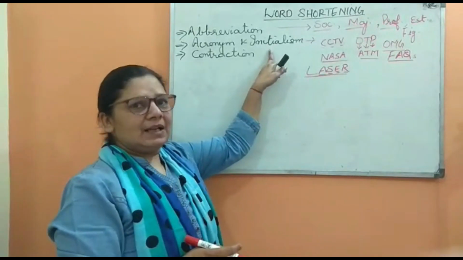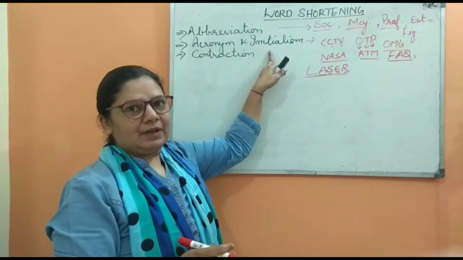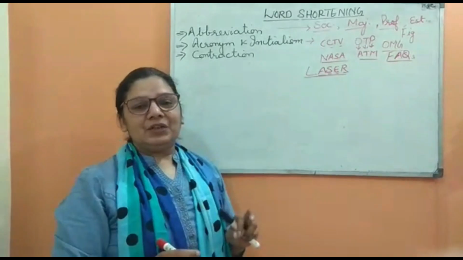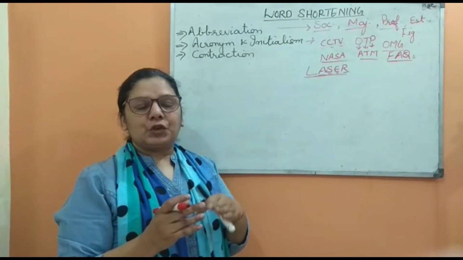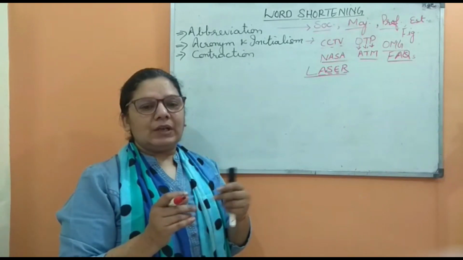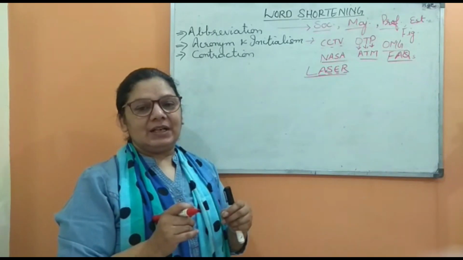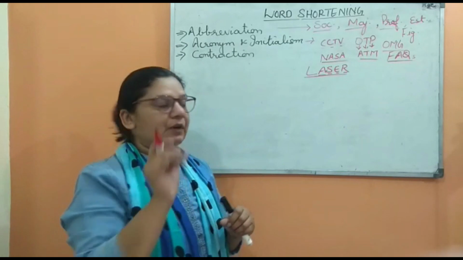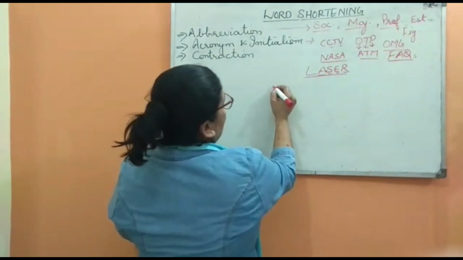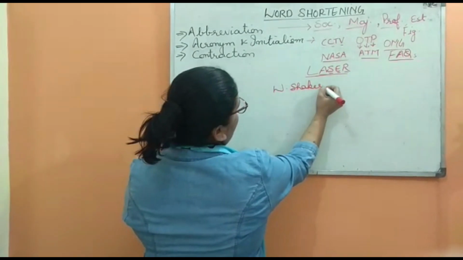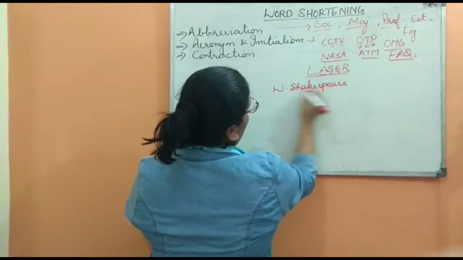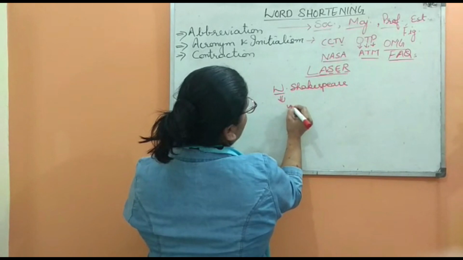Initialism is almost the same type as acronym, but in initialism a word or name is shortened so that only the first initial letter of each word is used. For example, if I say W. Shakespeare, you know that it is William Shakespeare.